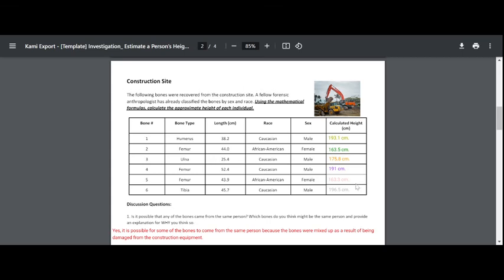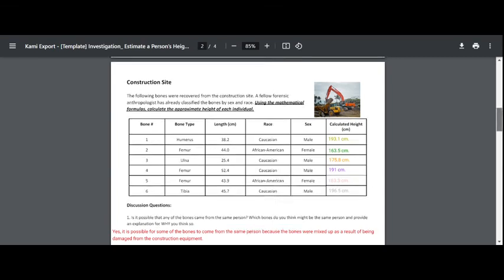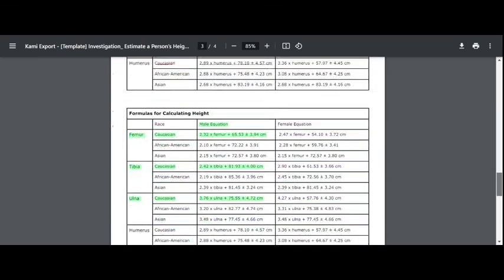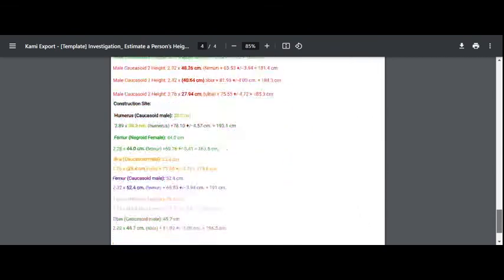So again, we're going to use the formula from the table for a femur that is consistent with an African American female, okay? And then we're going to calculate the height that way. So let's look at what that looks like when it's worked out.